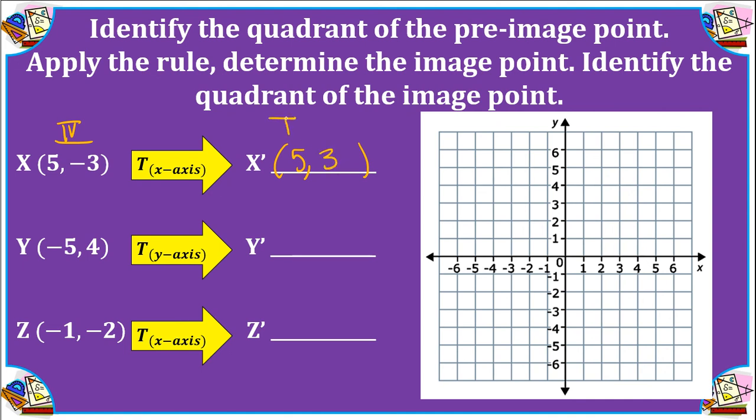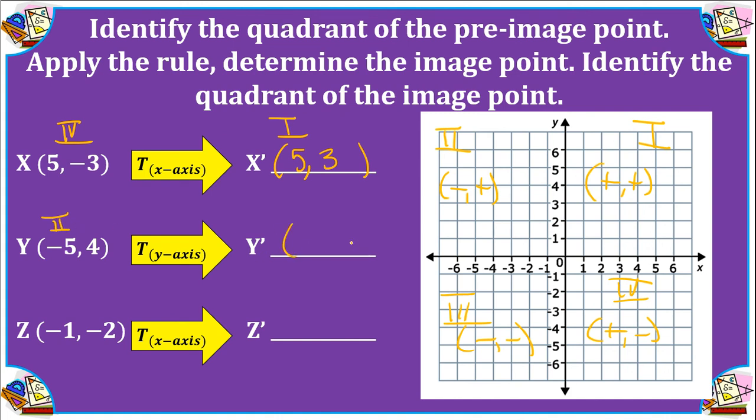So positive, positive is quadrant 1. So here's quadrant 1, positive, positive, quadrant 2, negative, positive, quadrant 3, negative, negative, and quadrant 4, we have positive, negative. So y is negative, positive, so that is in quadrant 2.